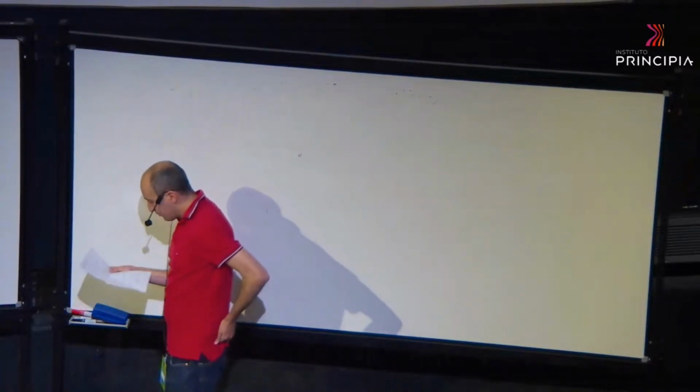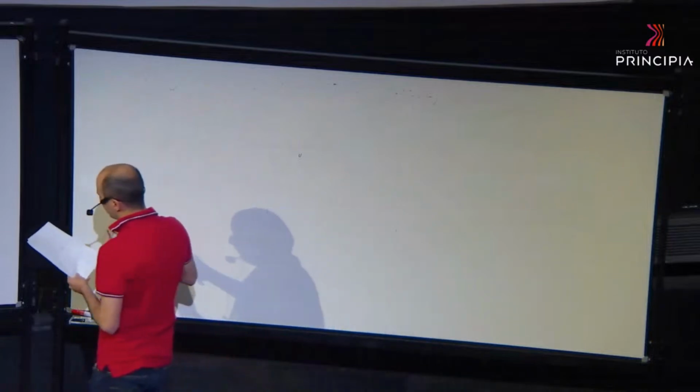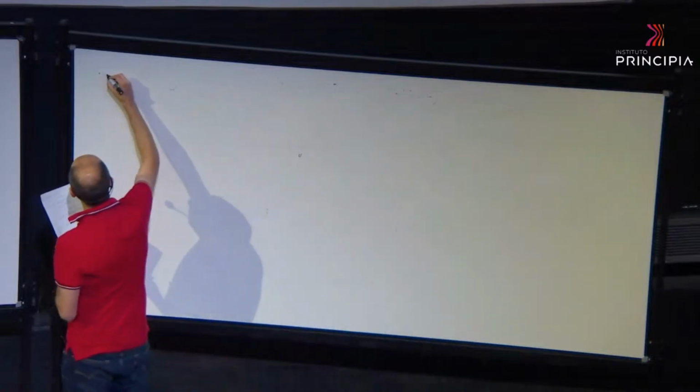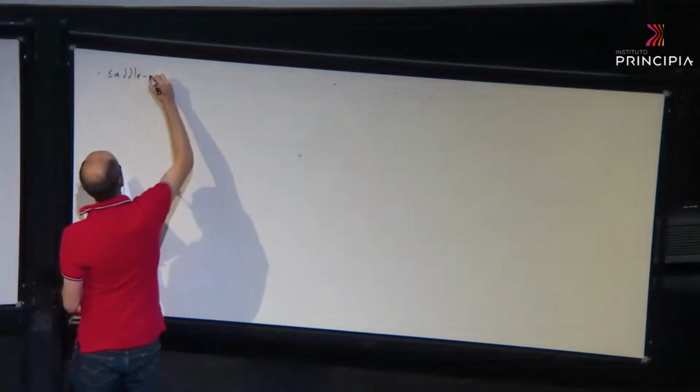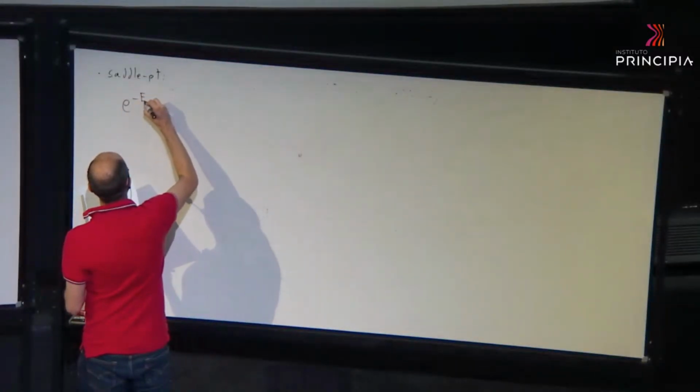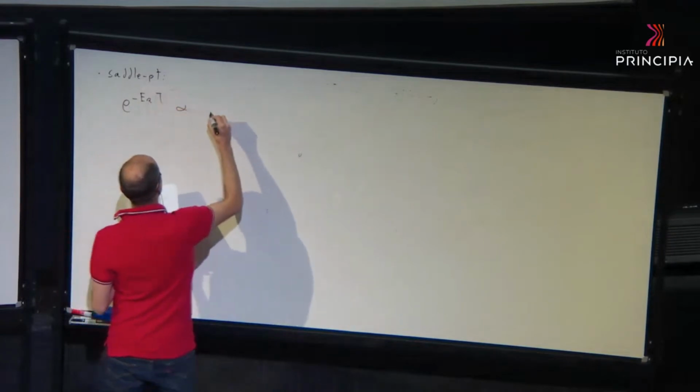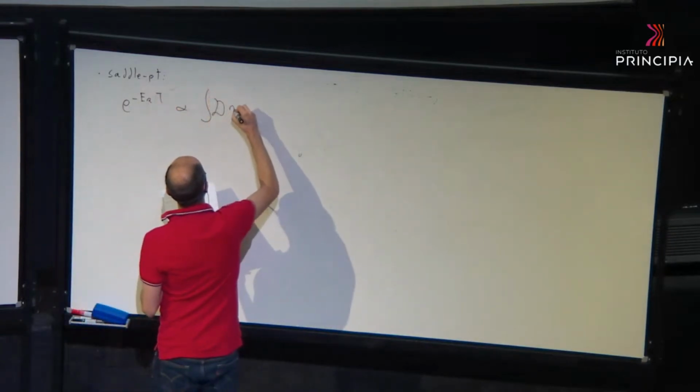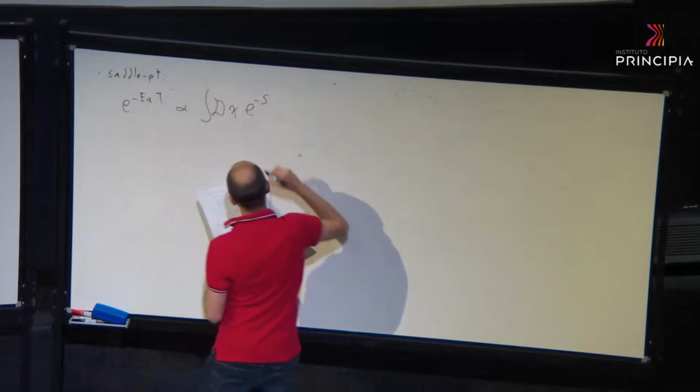Okay, so you have an action, and now you can do some calculations. These are analogous to the ones of yesterday, so let's be quick. From the saddle point, you learn the ground state energy. It's proportional to the path integral, e to the minus the action.